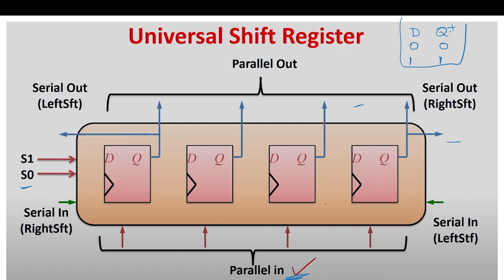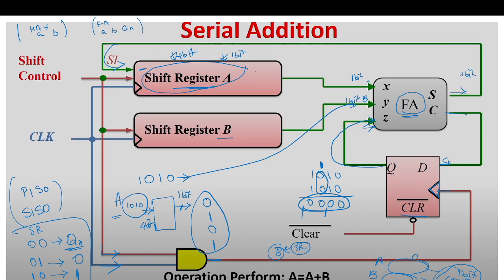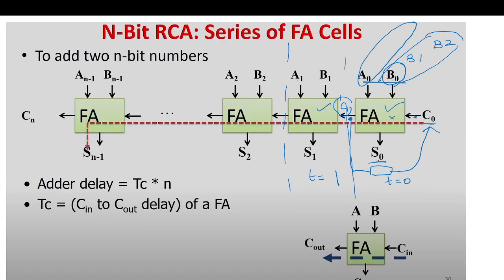Okay, sequential is serial. It's like at t is equal to 0, we have the set of A0, B0, C0. At t is equal to 1, it operates on the next set of values.